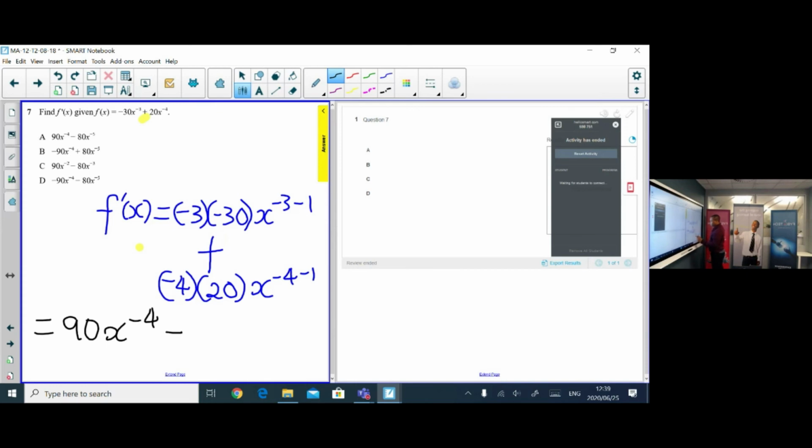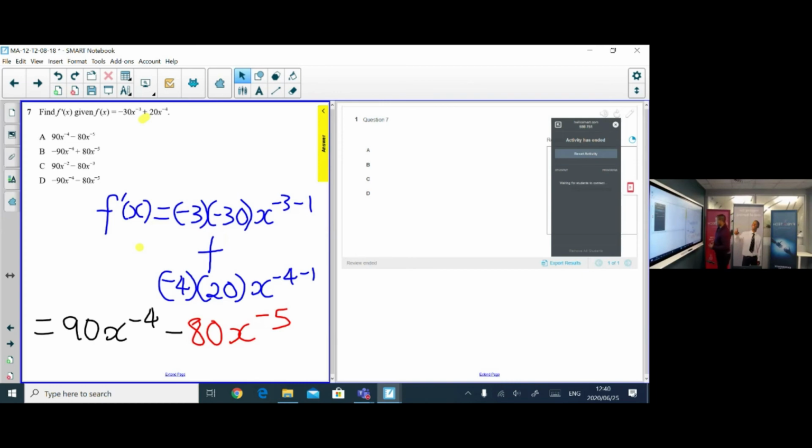So it will be minus 80 x to the negative 5. So this is actually the second expression, which has to do with the 20 to the exponent minus 4.